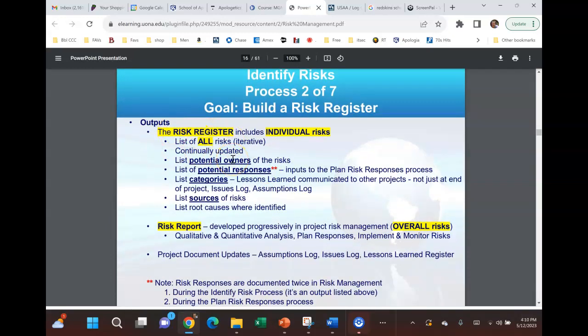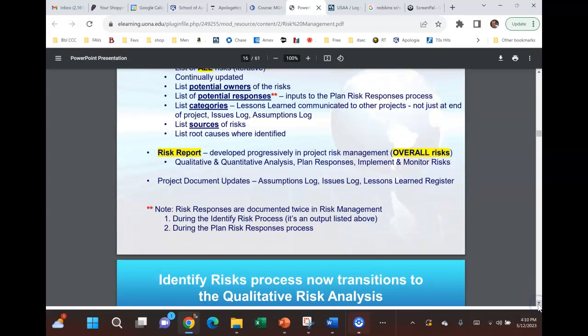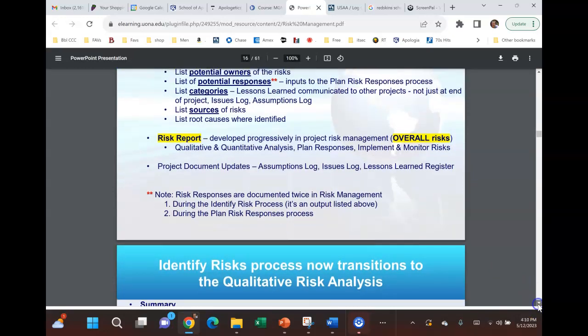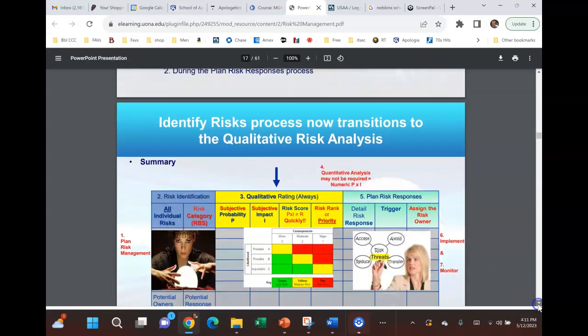We've said before, a register is really just a silly name for a list. It's a list of risks, right? And in that list, I will include potential owners, potential responses, maybe the category I can bucket it in, etc. Those are just some good ideas. Nothing has to be in stone yet. These are just potential comments in my early risk register, okay?